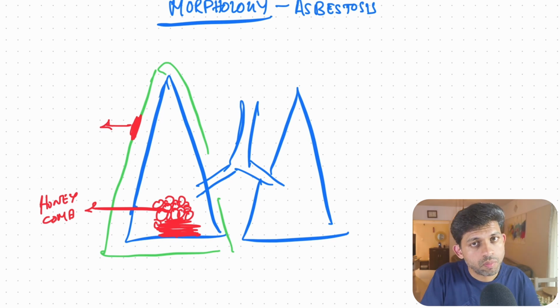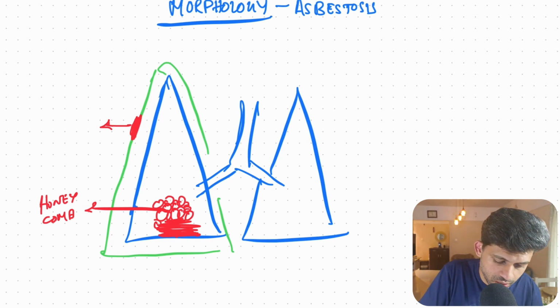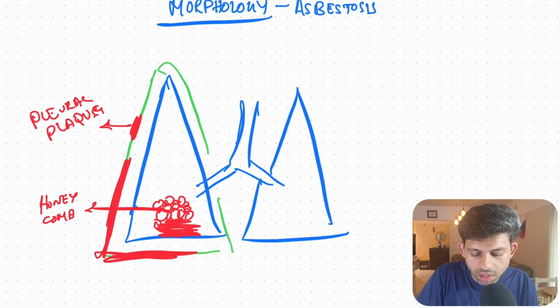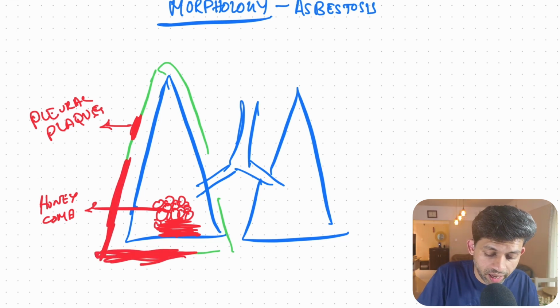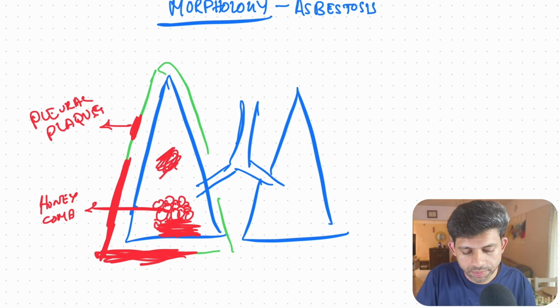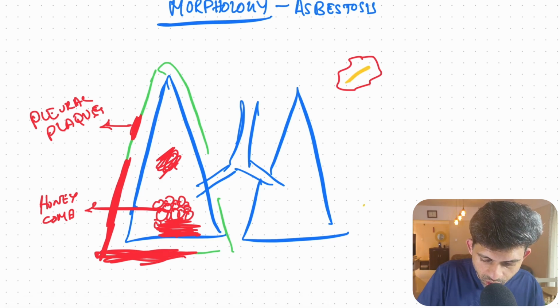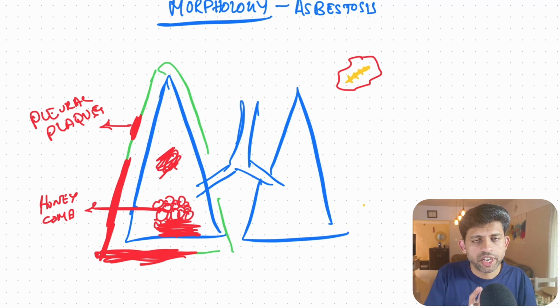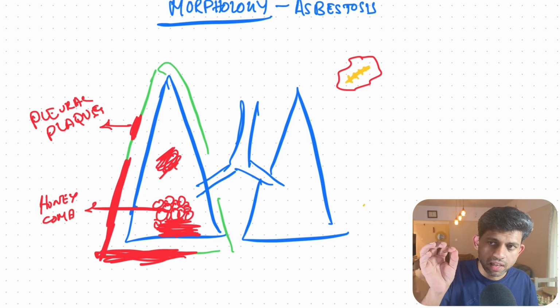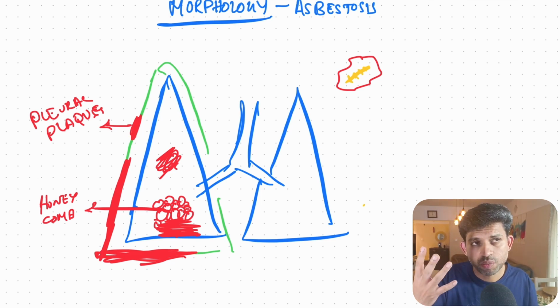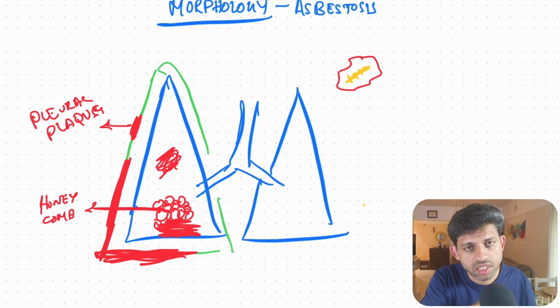Pleural plaques are the most common manifestation of asbestosis. And again, if it progresses, mesothelioma, which is the cancer of the pleura, and lung cancer can also occur. And under the microscope, we can see asbestos bodies, which are golden colored, beaded rods or fusiform shaped things. They are basically asbestos surrounded by iron, which happens when macrophages try to ingest these asbestos fibers, and ferritin sort of surrounds this asbestos.